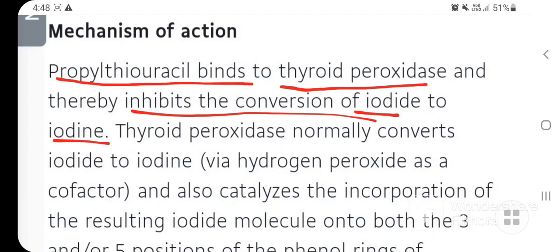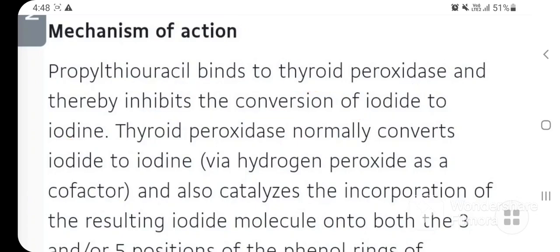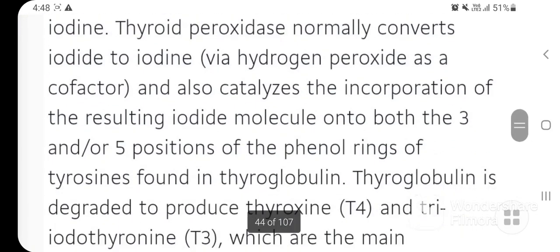Propylthiouracil is the drug you will get in the market. Then thyroid peroxidase, normally what they will do, they will convert the iodide to iodine via hydrogen peroxide as a cofactor and also catalyze the incorporation of the resulting iodine molecule onto both the 3 or 5 positions of the phenol rings of the tyrosines found in thyroglobulin.